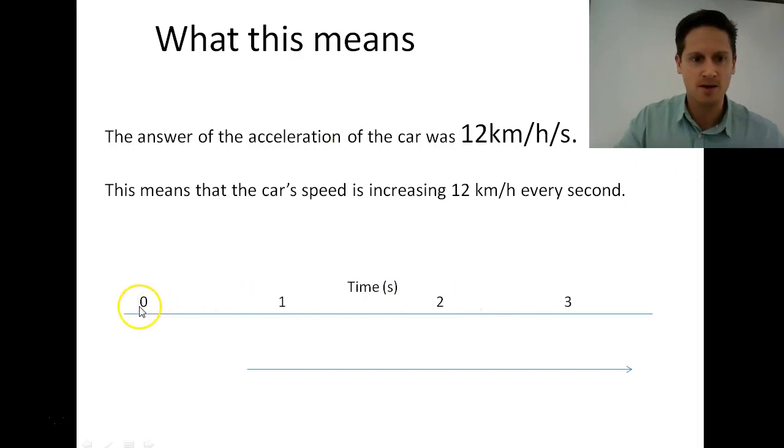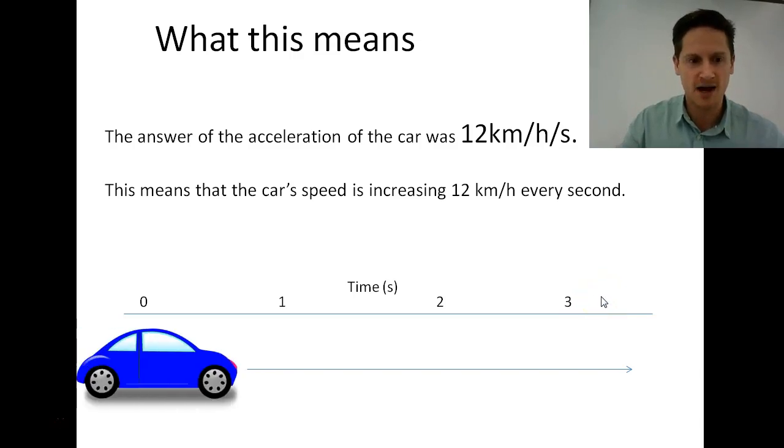So we've got time, 0 seconds, 1 second, 2 seconds, 3 seconds, and we have our car coming in. At time 0, that car will not be moving. It'll be stationary. Now, after 1 second of experiencing an acceleration of 12 kilometers per hour per second, you're going to have that car moving at 12 kilometers per hour.